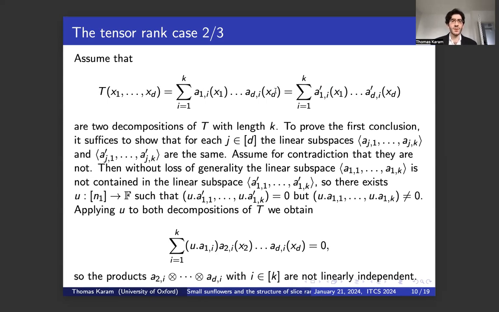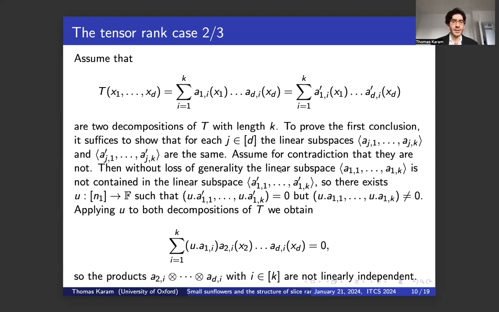This means that there exists a function, from the set of rows, let's say, first coordinates, a function u such that u has inner product equal to 0 with all the functions a1i dash, but has at least one non-zero inner product with one of the functions a1j for some j. So all the u dot a1j dash are 0, but at least one of the u dot a1j is not equal to 0. There exists such a function because of the absence of inclusion between the two subspaces that we just described.